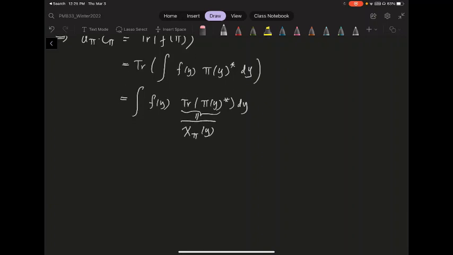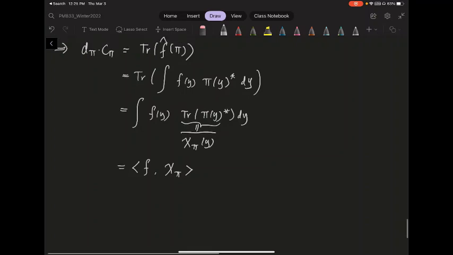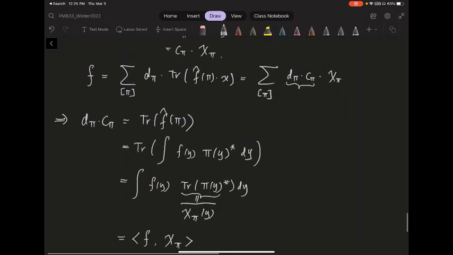All right, so this becomes the integral of f(y) with the chi pi conjugate, but because they're L2 functions, you can treat them as the inner product of f with your characteristic function. So basically now we replace this by f with the characteristic function at pi.